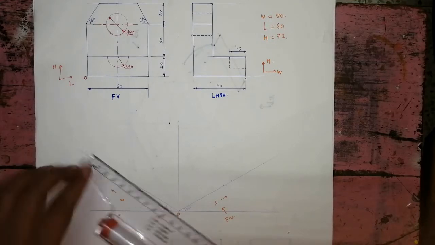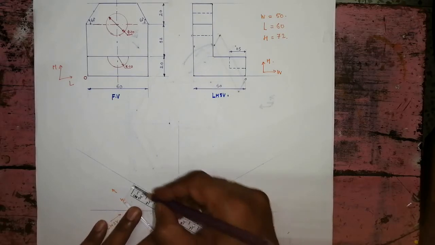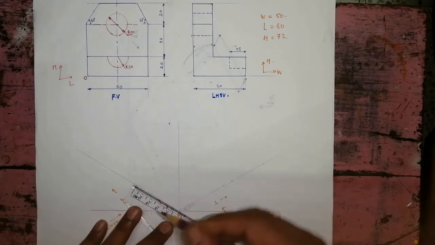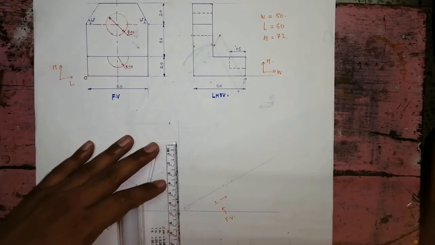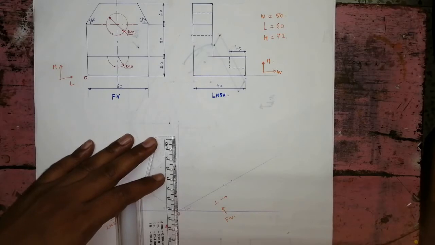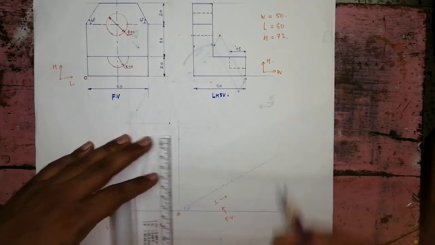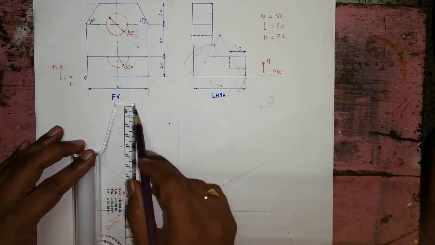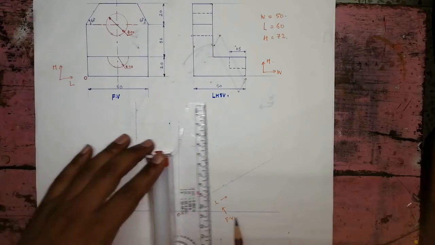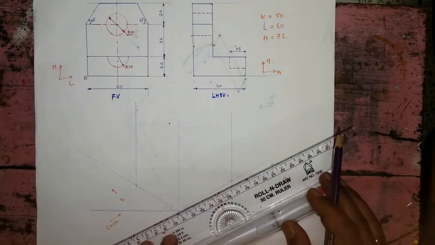Okay, so width is equal to how much? This is 50 here. Okay, and height is equal to 72. This height is 72. Okay, so now from intersections we will construct the vertical and horizontal lines like this.